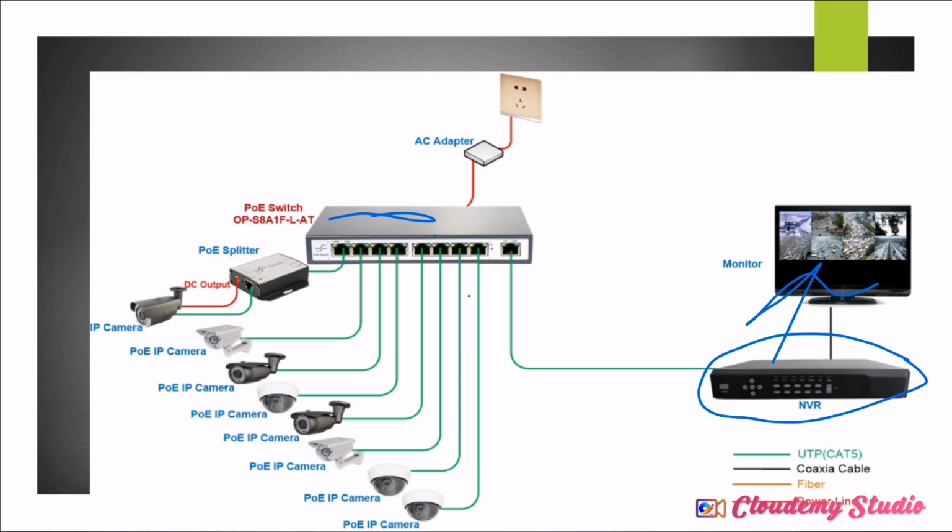So I'm going to send you a nice tutorial that will be holding the cameras one by one, the switch, the monitor, the NVR, and come up with a complete system. I hope you have understood. I know you cannot get everything at once, but with time you are going to have a familiar picture of what we are talking about.